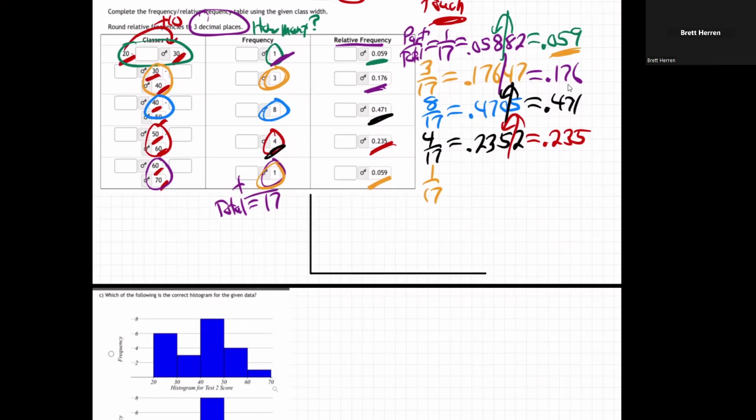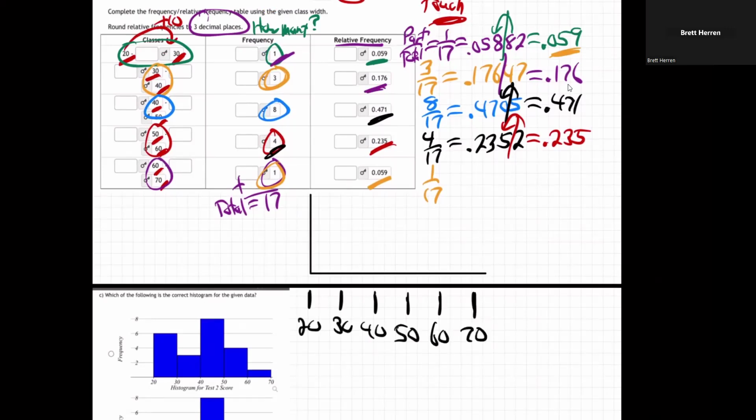I'm going to go from 20, make this mark the 20s and make that the 30s, go a couple over, 40s, 50s, 60s, there we go, good enough.